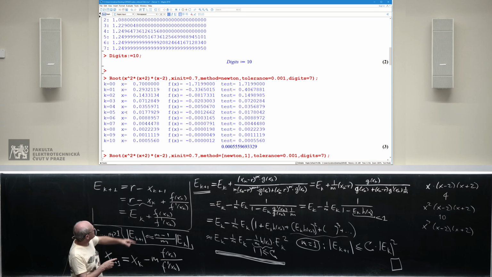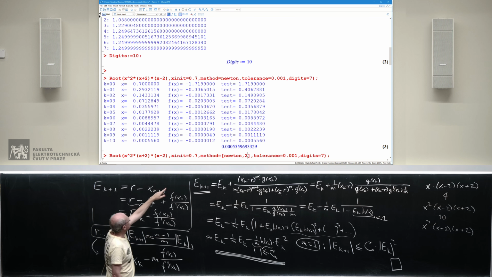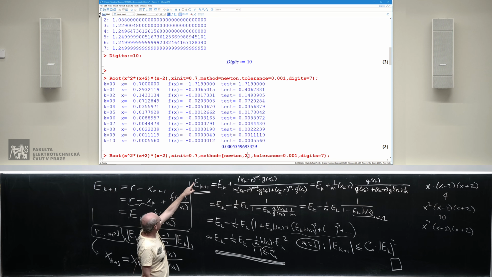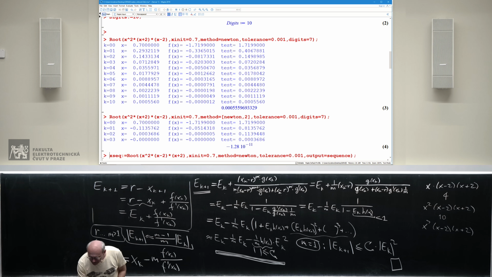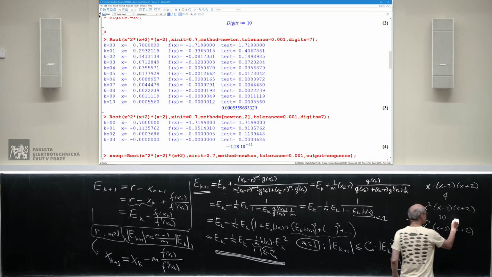But I know that this is actually a root of multiplicity 2, and my procedure can handle that. I have a specific form. Instead of specifying a method to be Newton, I put Newton with 2, and this 2 is put over here in the formula. And now let's see the performance. It took 3 iterations for the special Newton version for the right multiplicity.